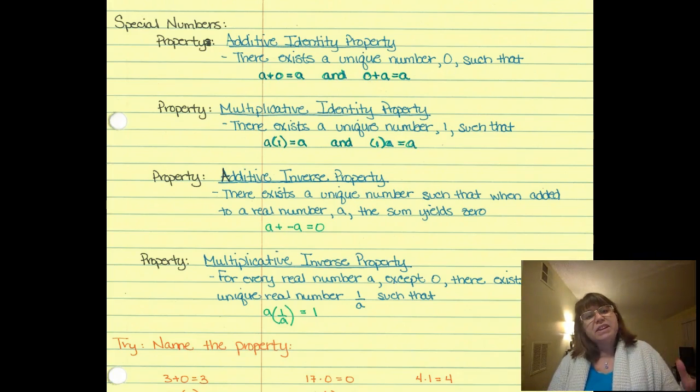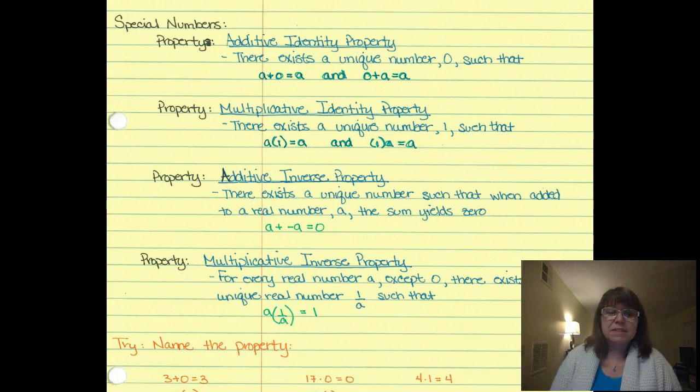Now, there are some very special numbers, and they have properties in themselves. We have an additive identity property. There exists a unique number, 0, such that a plus 0 will equal a, and 0 plus a equals a.